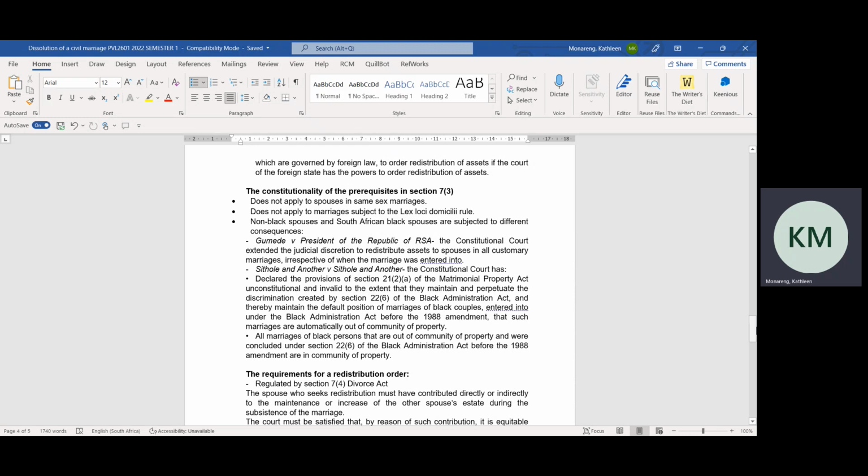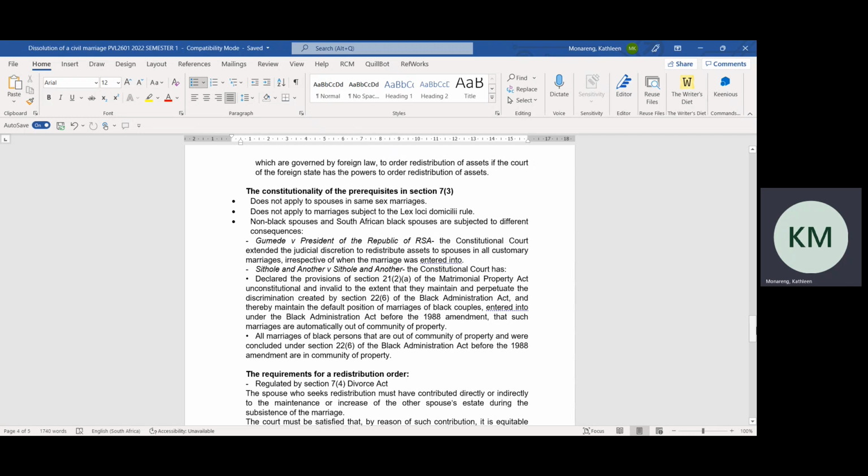So basically what the Constitutional Court did in the Gumede case is say that if there is a spouse who may be in need, the court has the powers to order redistribution of assets from their spouse's estate to their estate, irrespective of when the marriage was entered into and irrespective of the matrimonial property system of the parties.